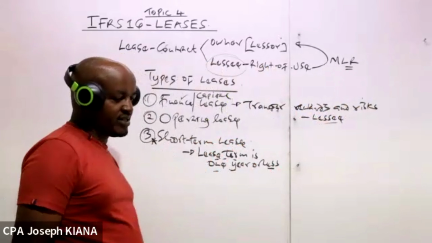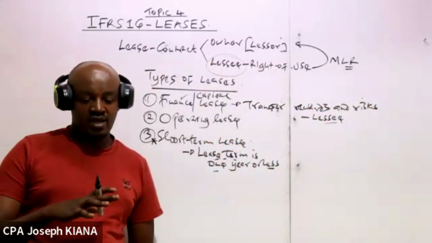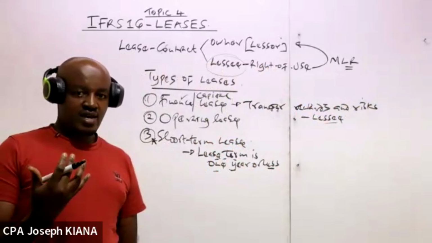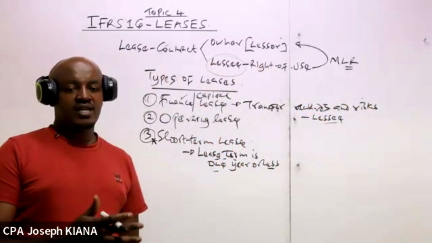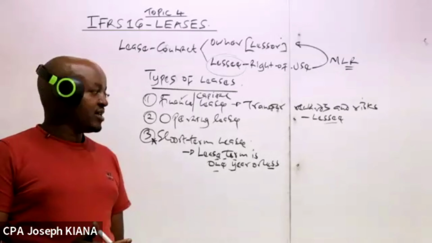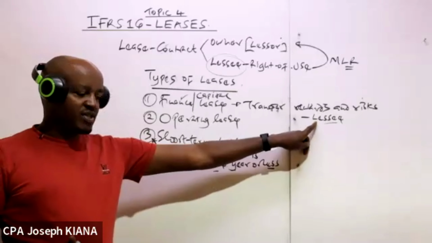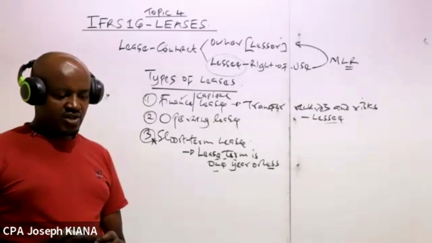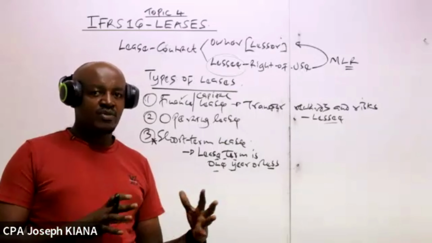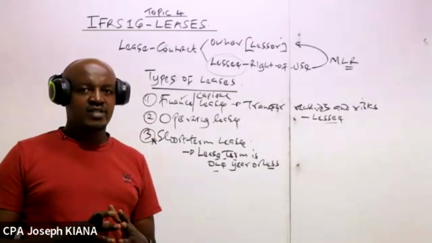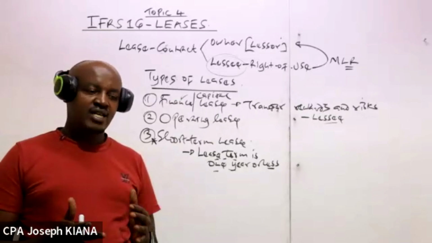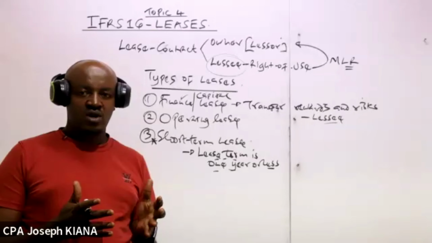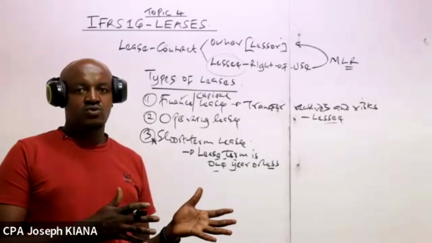So this is that particular lease whereby the rewards, the risks associated with the asset will be transferred to this particular person. Generally, usually these are long-term leases, and also whereby, for example, an entire asset can be leased now to a single individual, maybe to a single company.